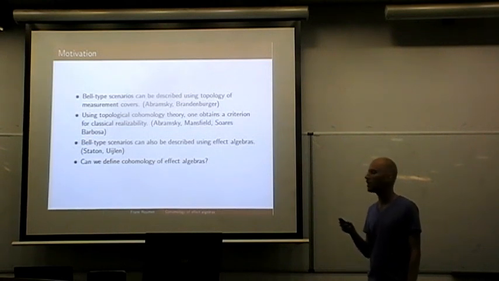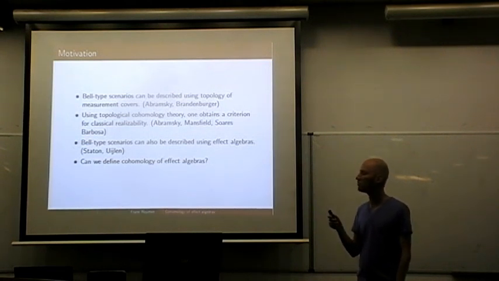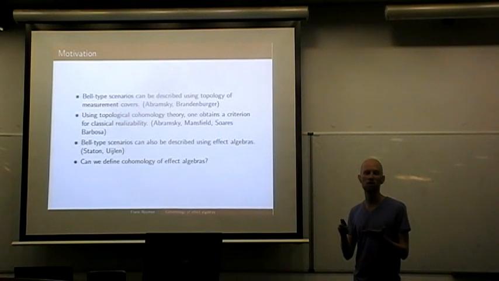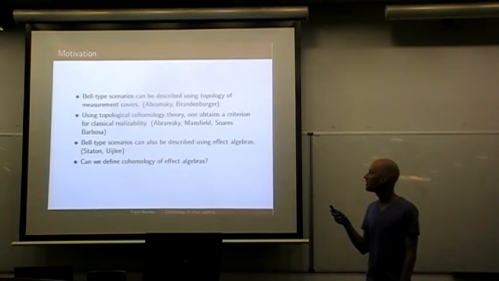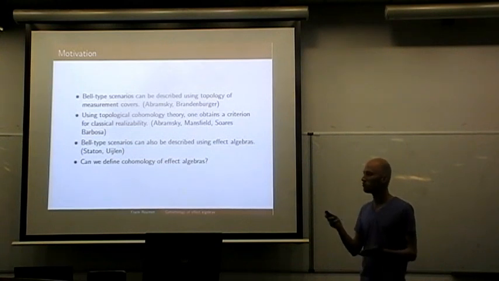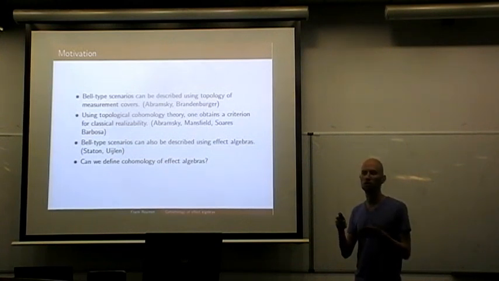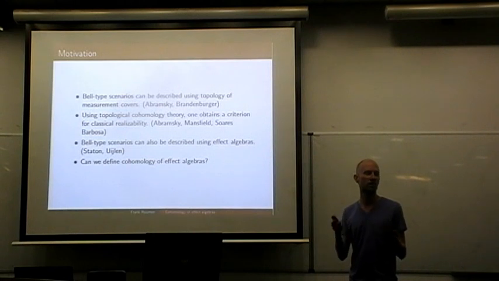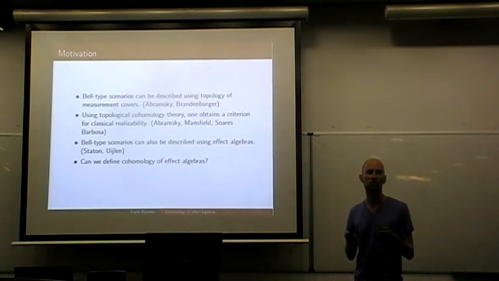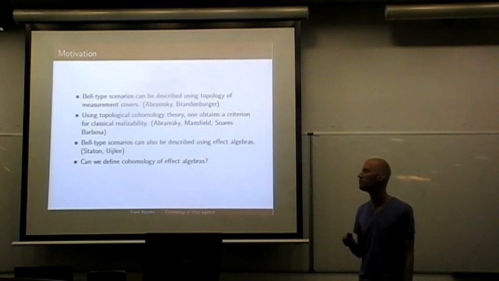The first one of these is by Abramsky and others. They gave a topological model of these kinds of Bell-type scenarios. If you have this topological model, then you can look at the cohomology groups of the space associated to a certain measurement cover. This is what Cohe explained on Monday.